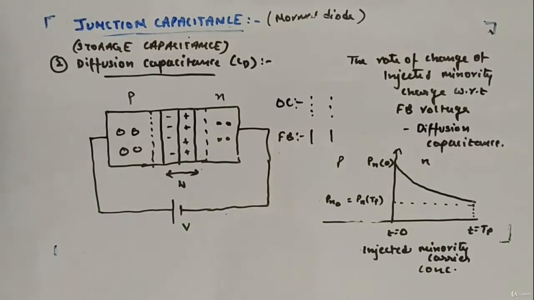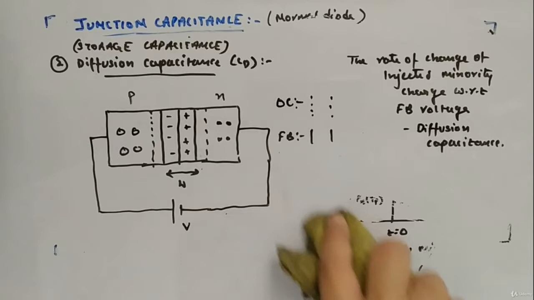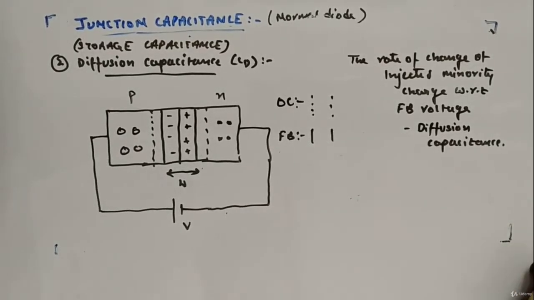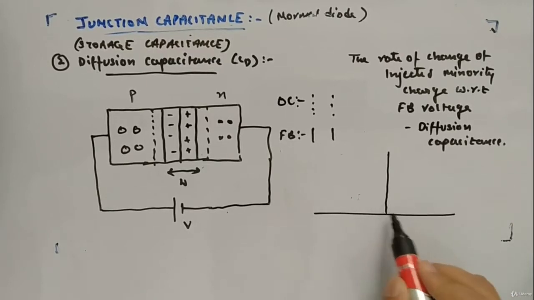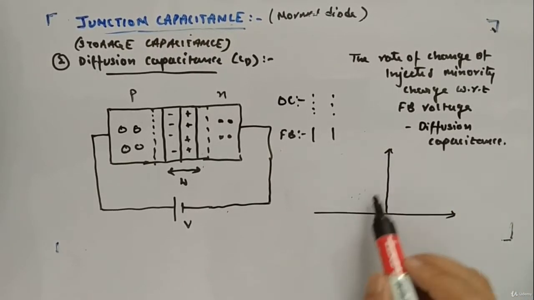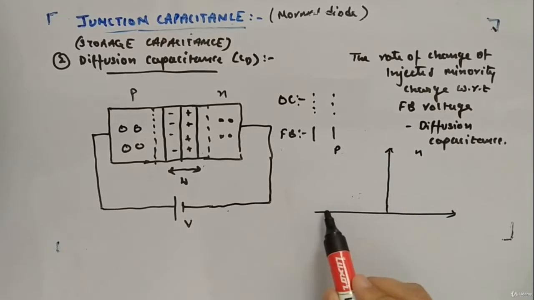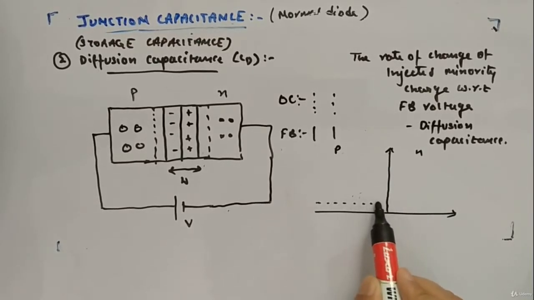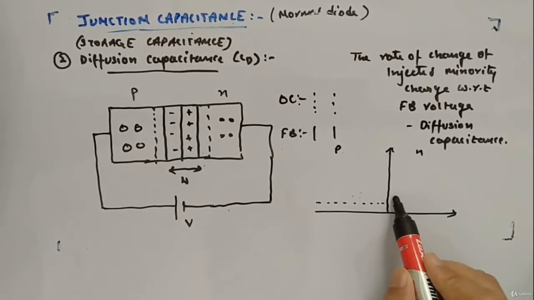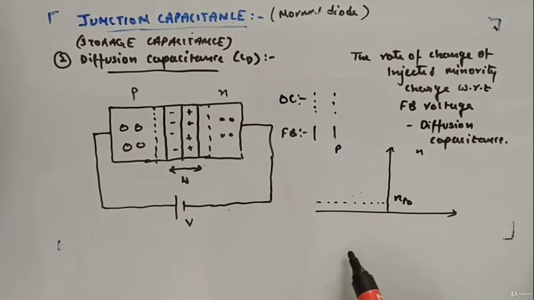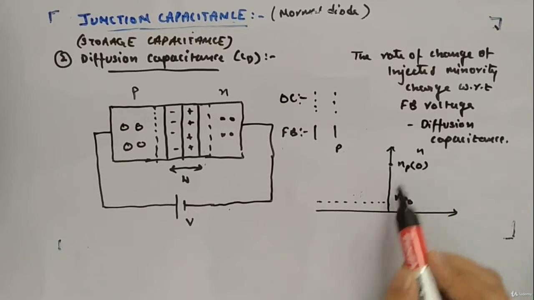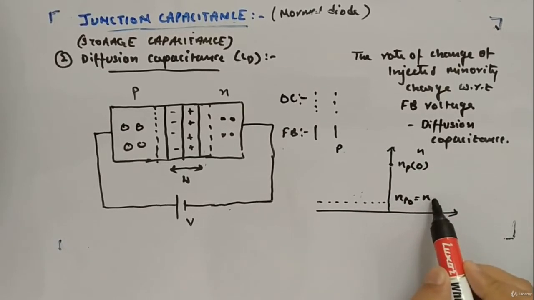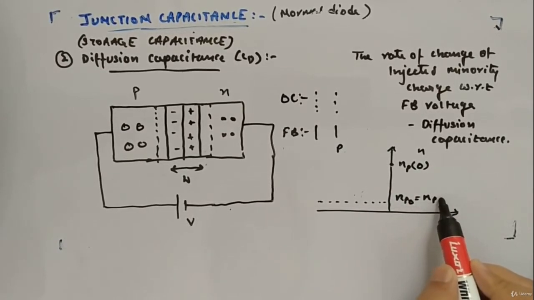If I plot that for the P type, this will be the curve. This is the N side, this is the P side, so this will be the concentration value np0, and this is np at 0, and this you can see is np at Tp.